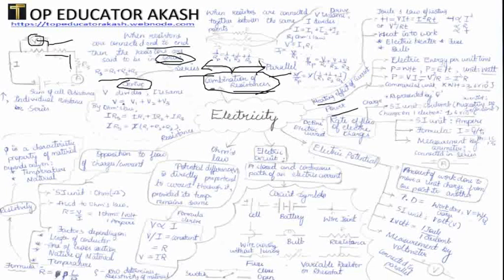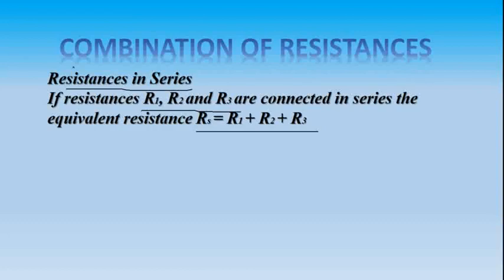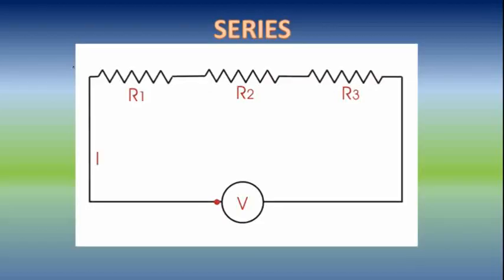So how is it derived? As I've said, it is connected end to end. So what happens in an end-to-end connection? Here, this is the series combination. I have given an explanation with animation. You can observe here, let us assume this is a battery.